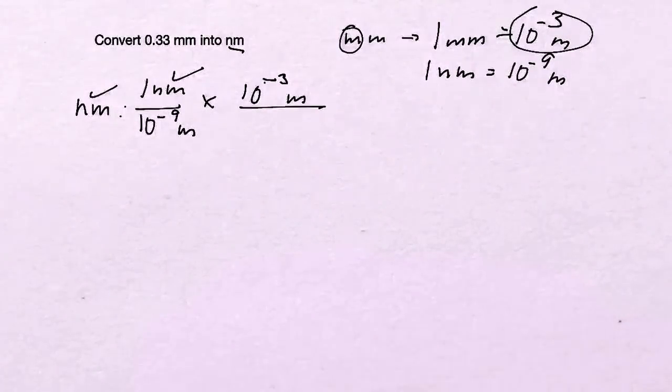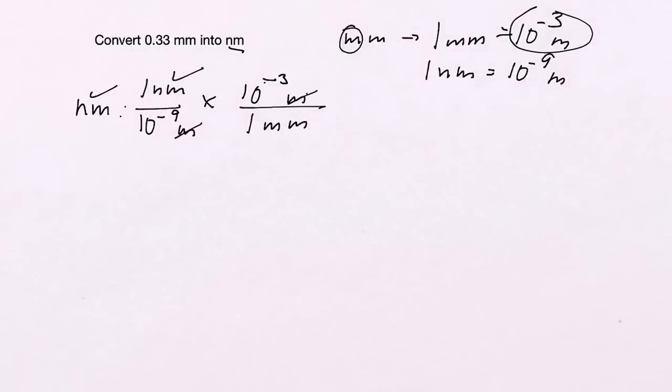So where do I have meters? I have meters here. So it's 10 to the minus 3, and I write it so that the meters cancel each other out. 10 to the minus 3 meters in 1 millimeter. We see that the meters cancel out.